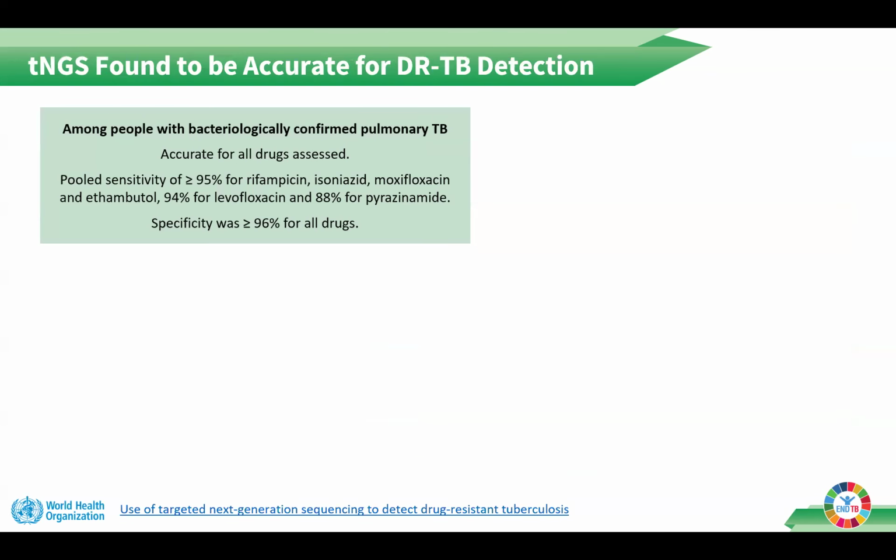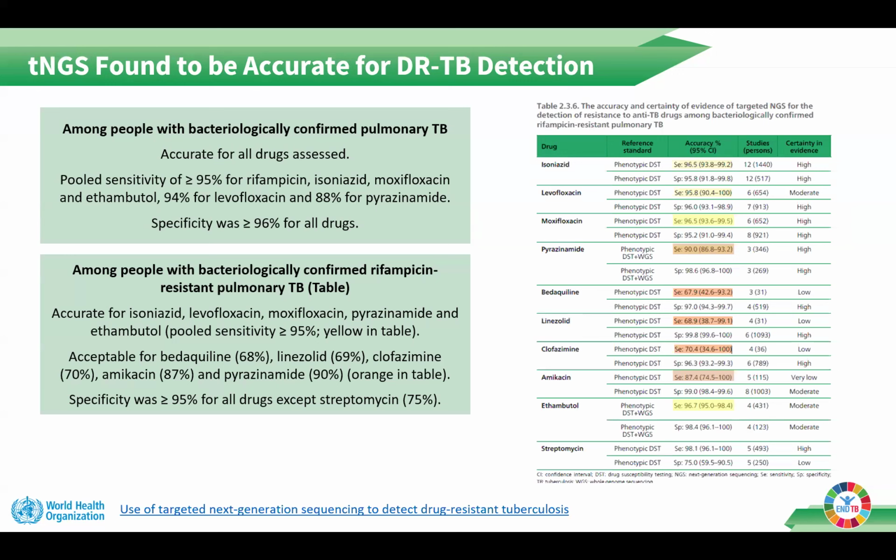TNGS, through the guideline development group process, was found to be accurate for drug-resistant TB detection. Among people with bacteriologically confirmed TB, it was accurate for all drugs assessed, with a pooled sensitivity of greater than or equal to 95% for rifampicin, isoniazid, moxifloxacin, and ethambutol, 94% for levofloxacin, and 88% for pyrazinamide, with specificity high for all drugs.